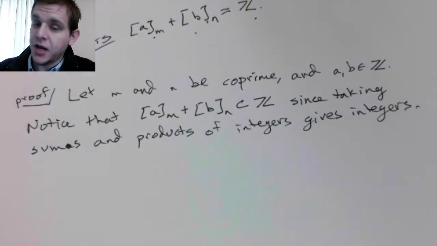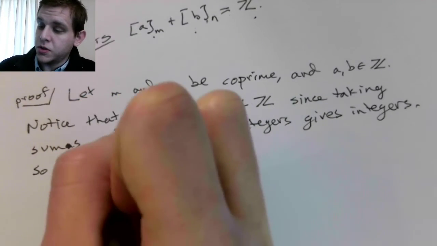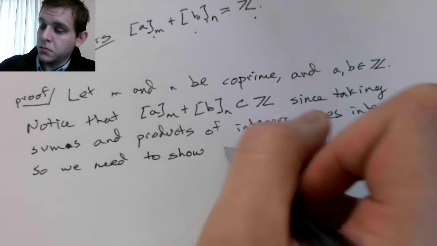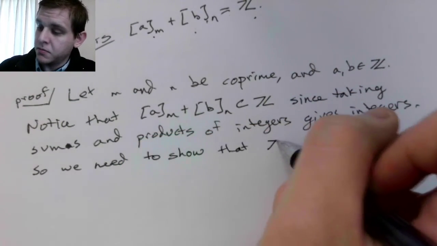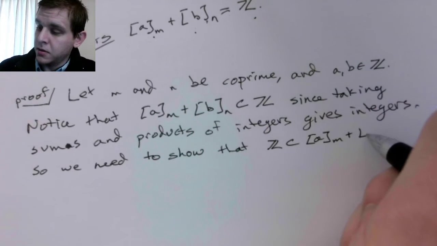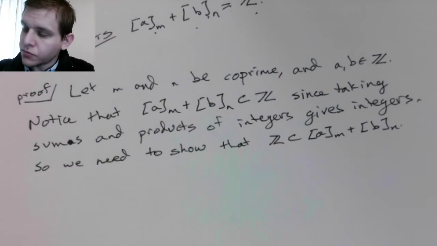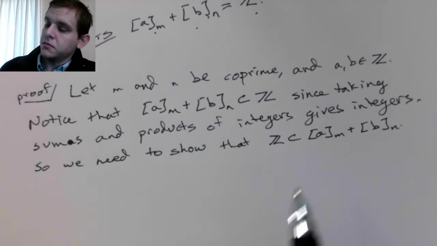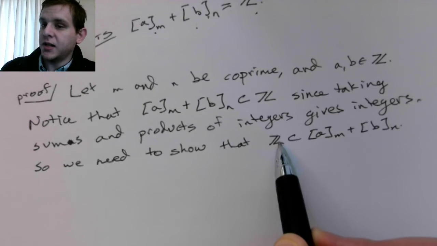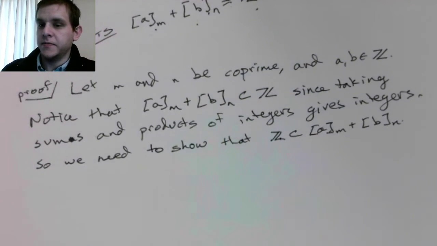Okay, so now I need to prove the opposite inclusion. So we need to show that Z is a subset of a sub m plus b sub n. Okay, so how do I show a set inclusion? I take an arbitrary element of the left-hand side and I prove that it belongs to the right-hand side.